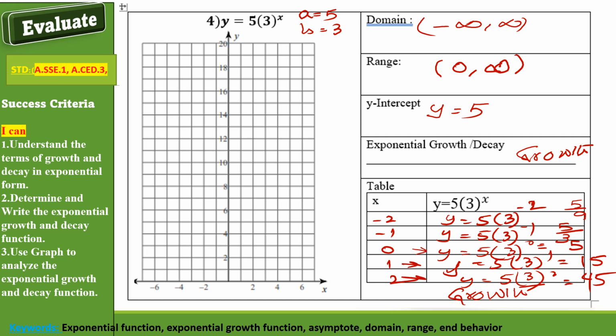But only try to graph 0, 1 and 2. This is my suggestion. On the 0, the answer is 5. On the 1, the answer is 15. And on the 2, the answer is 45. Very far. And just join them by making a smooth curve. Don't go on my curve, please.